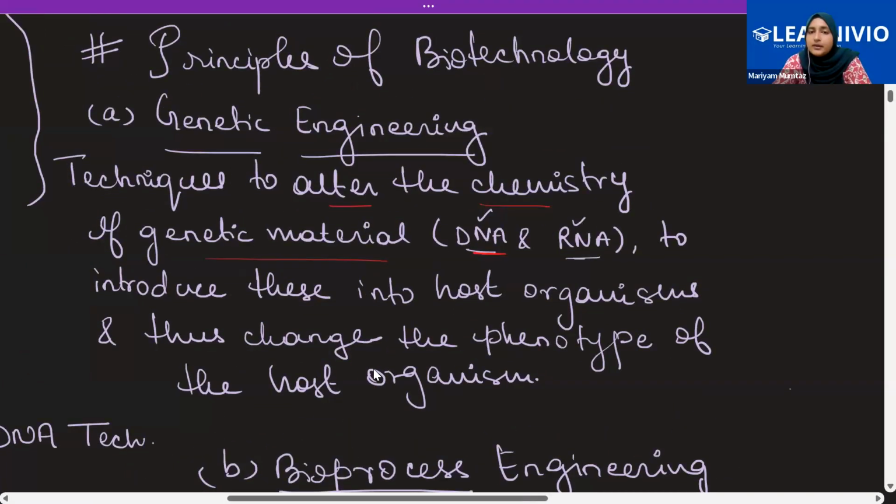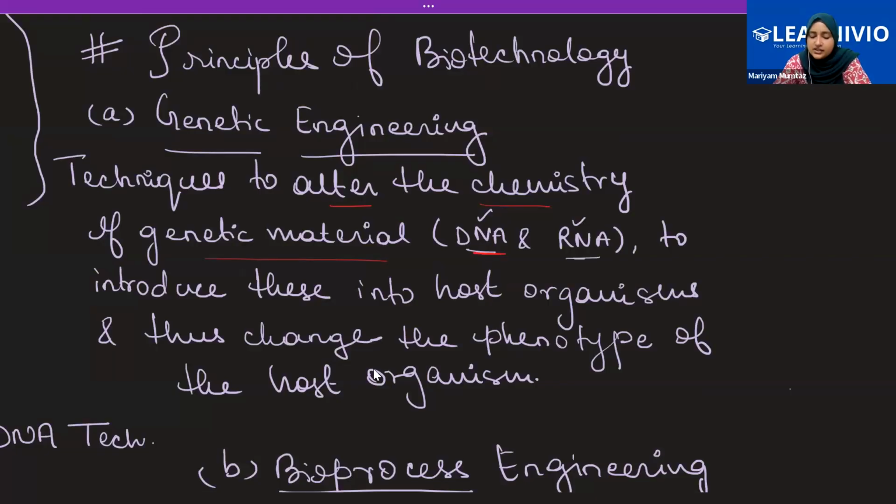Now, when we talk about the principles of biotechnology, it runs on two principles basically. The first is genetic engineering and the second is bioprocess engineering. Genetic engineering happens at the level of the gene. It is the technique used to alter the genetic material; something could be added to it or something could be removed from it. These techniques alter the chemistry of the genetic material.